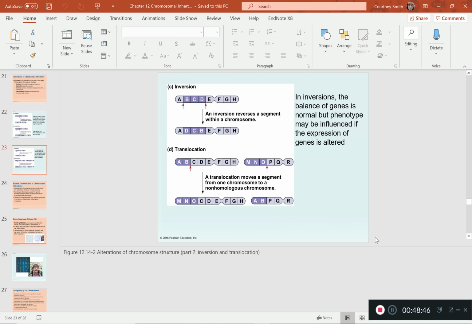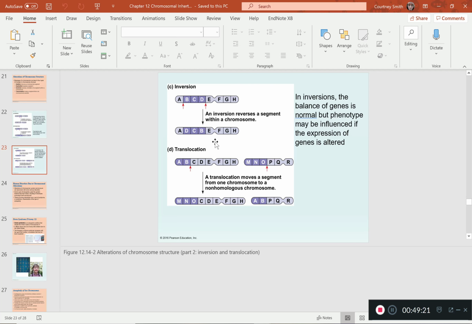Okay? And then we have inversion. Inversion is where you just flip something, where certain segments of the chromosome are put in different orders. So as we see here, we have A, B, C, D, but then if inversion occurs, then we have A, D, C, B. So with inversion, normally it's okay because there is no change in the number of genes.